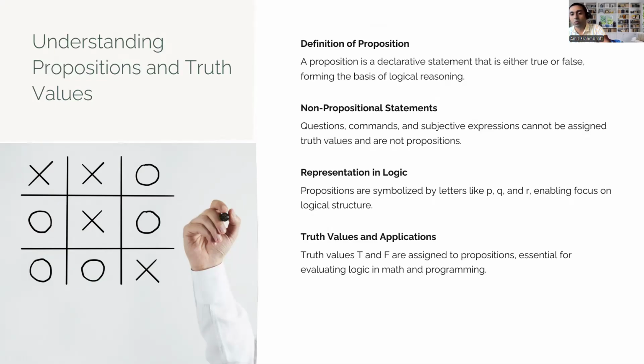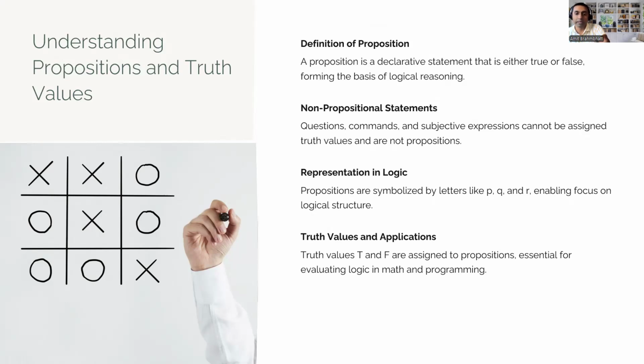For instance, what time is it or close the door cannot be assigned a truth value and therefore do not qualify. Similarly, statements like this sentence is interesting are too subjective to be treated as propositions in formal logic.